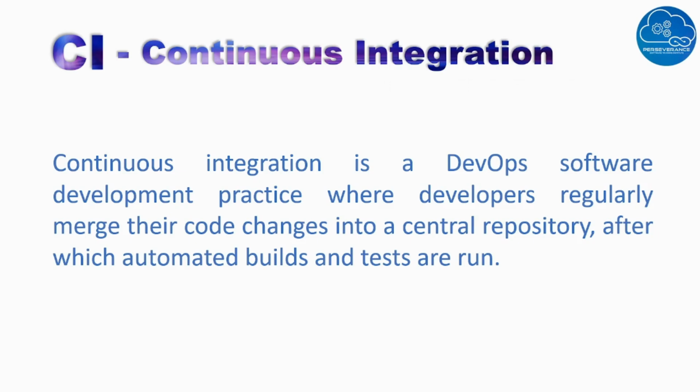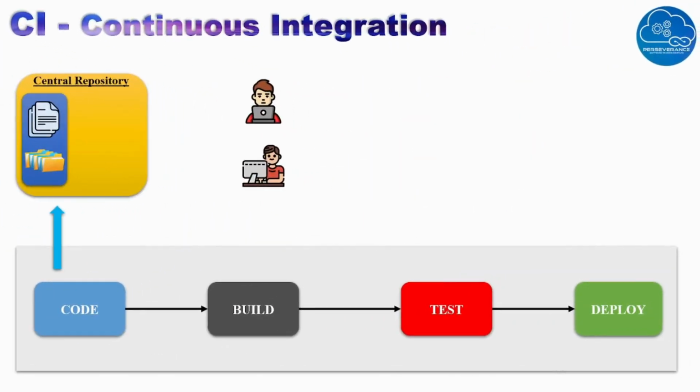CI stands for continuous integration. Instead of reading this text, we'll go through the transitions, and it will be clear here. We have some engineers who are updating their code to a centralized repository.